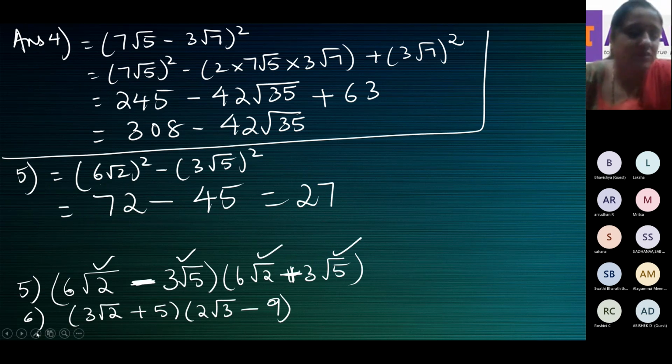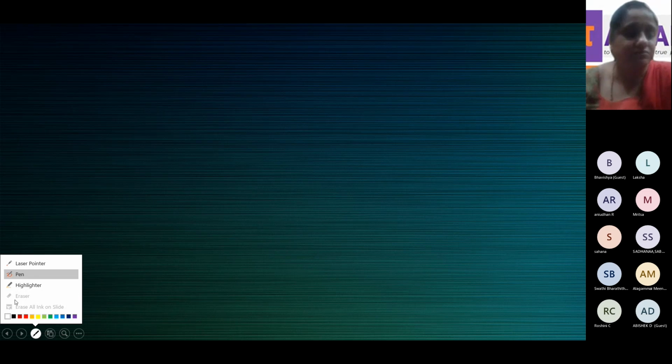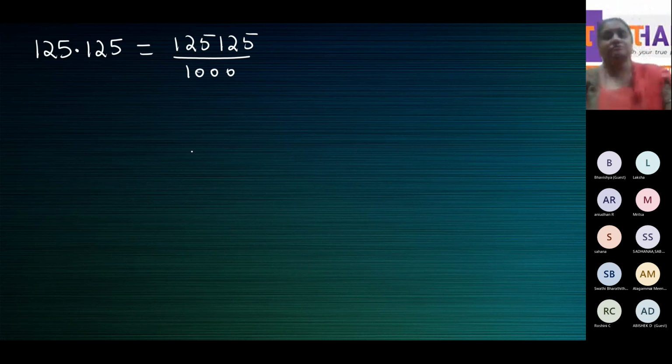Okay. Now, consider this decimal 0.125. How do you put it in the p by q form? This is nothing but 125, remove the decimal point, divided by 1000. Is this correct, children? Yes, ma'am.